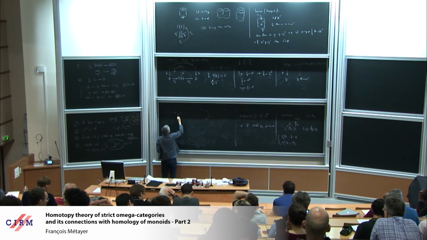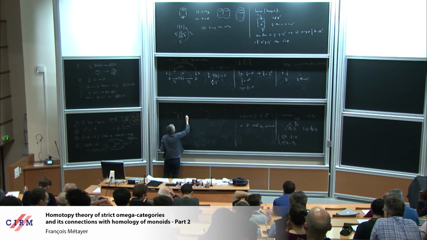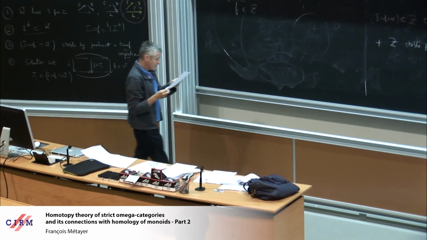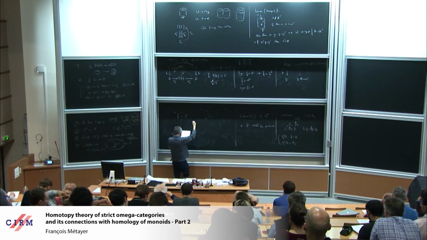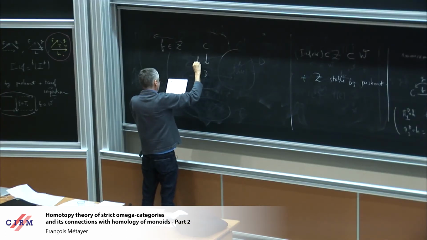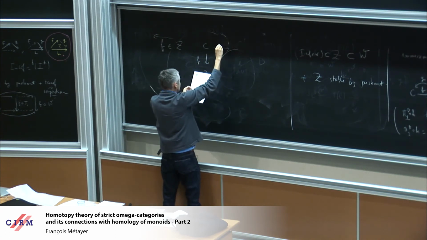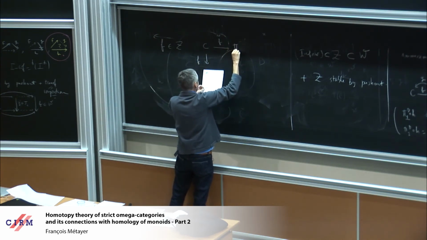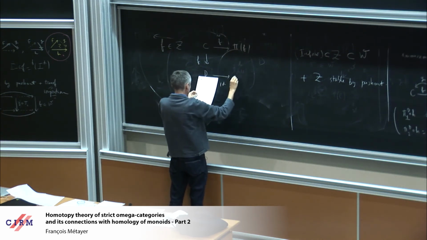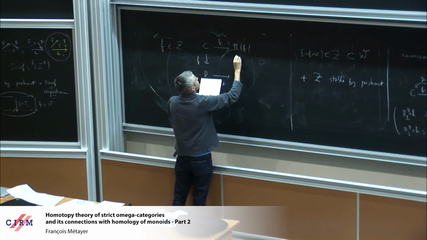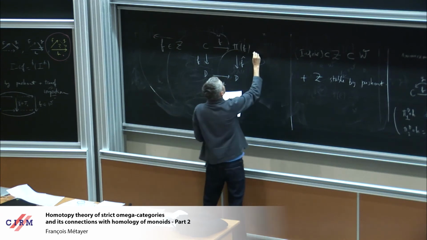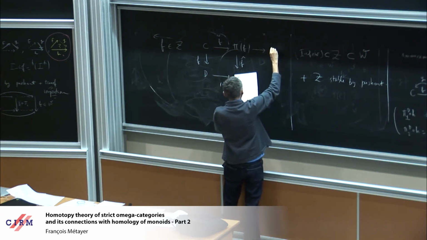Okay, so you may characterize maps in Z as follows. You have this picture here, pi f, f hat here, and you have the projections like this.